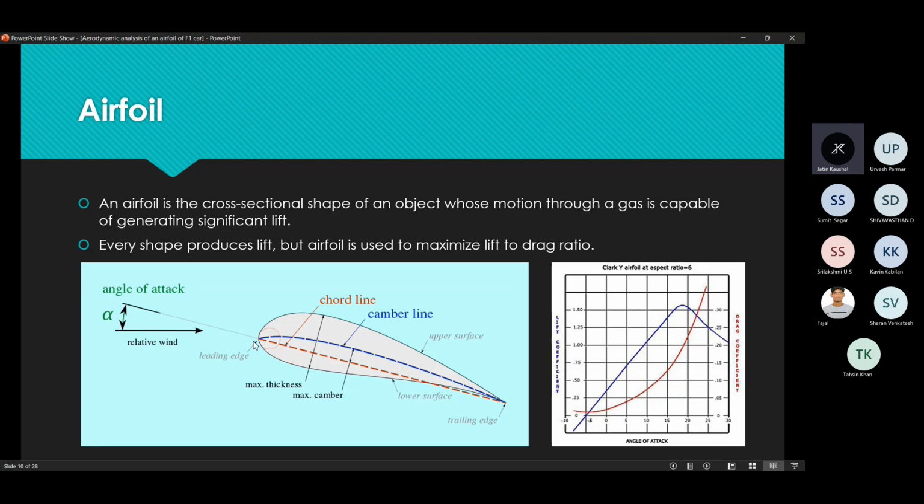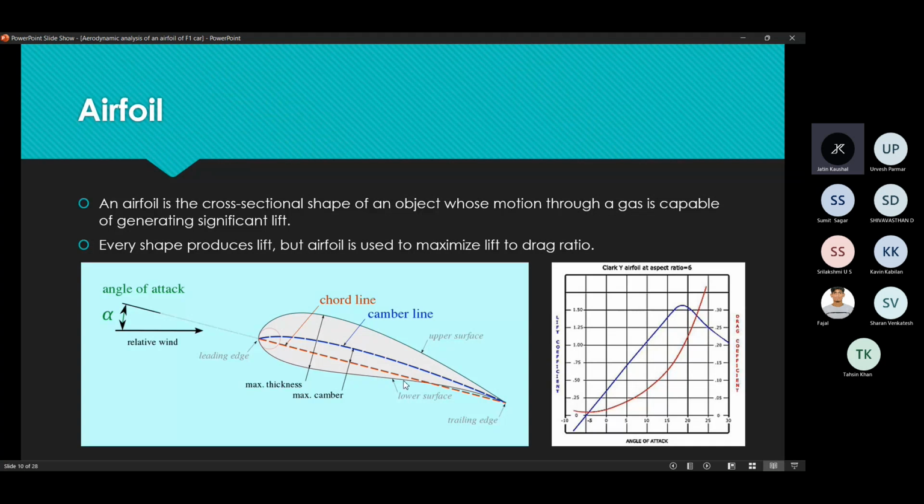When we join these two points, we get a reference line, also known as the chord line. Our camber line is the locus of the points midway between the upper curvature and lower curvature. We take the mean of both of these and join all these points.